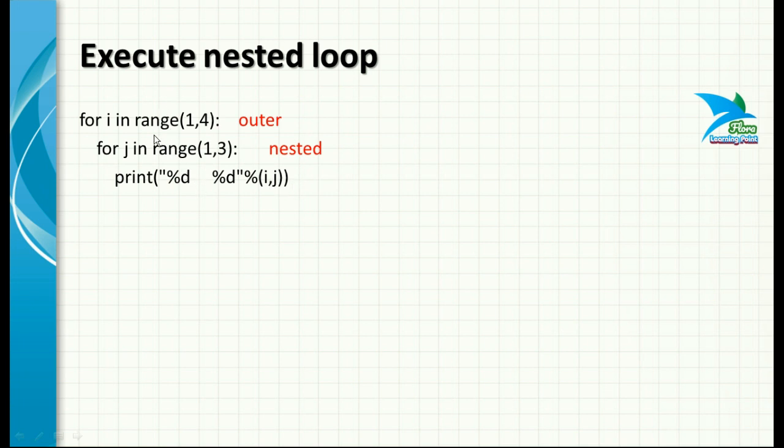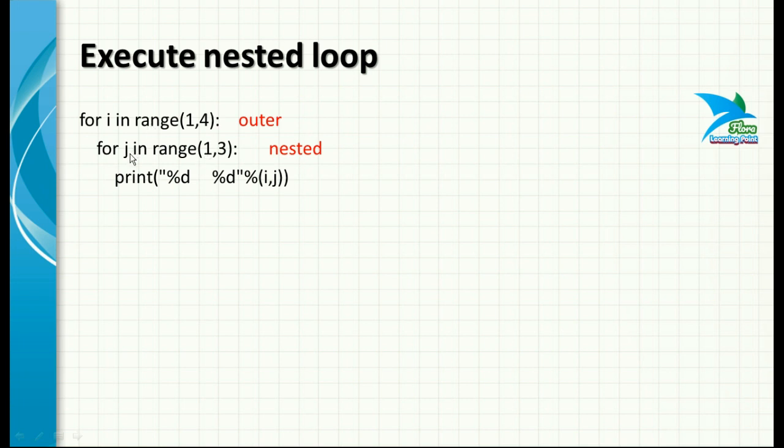Inside the nested loop, we are printing the values of I and j to understand the working of these two loops. First of all, when we execute this code, the outer loop will start its execution, and the first value of I will be 1, the initial value of the outer loop variable I. Then the control moves to the nested loop.